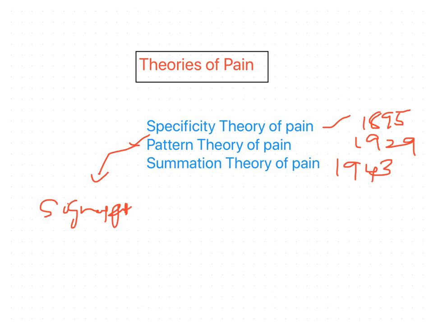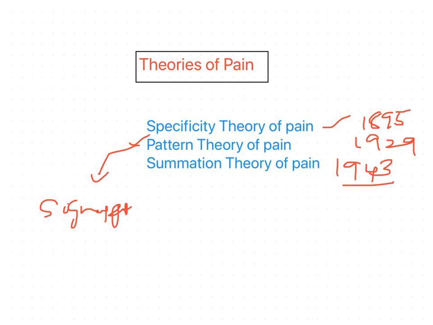Earlier, the intensive summation theory was proposed by Ubb in 1874, which is built on Aristotle's concept: pain resulted from the excessive stimulation of the sense of touch. The intensive summation theory describes both stimulus intensity and central summation as clinical determinants of pain. So that is the very earlier theory, called the intensive summation theory.